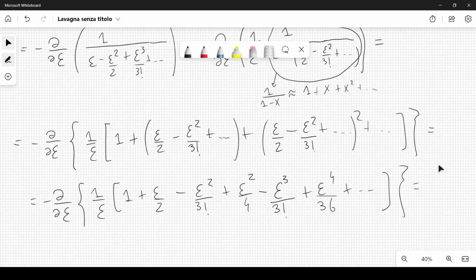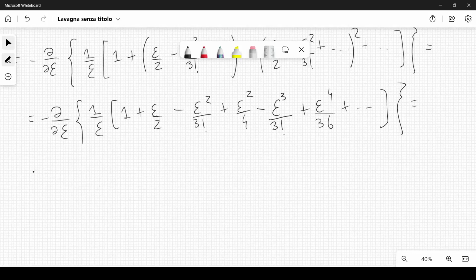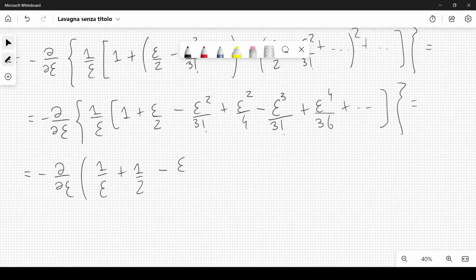And finally, we get minus d over d epsilon, 1 over epsilon plus 1 half minus epsilon over 3 factorial, which is 6, plus epsilon over 4 minus epsilon squared over 6 plus epsilon cubed over 36 plus dot dot dot.